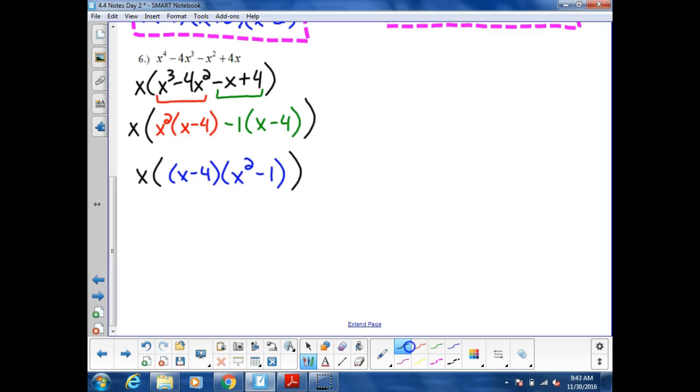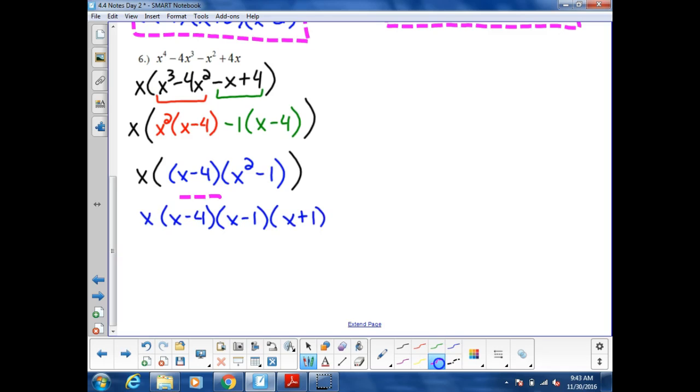Can I go any further? Probably yes, because x squared minus 1 is a perfect square minus a perfect square. So in the end, I get x times x minus 4 times x minus 1 times x plus 1.